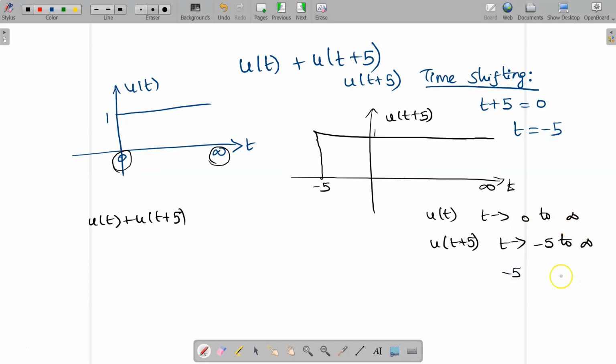What is the high range? Anyway, it is infinity. So when you combine both the signals, I have to consider from minus 5 to infinity. Here the signal exists from minus 5 to infinity, but here it exists from 0 to infinity. So I'm considering the middle value also.